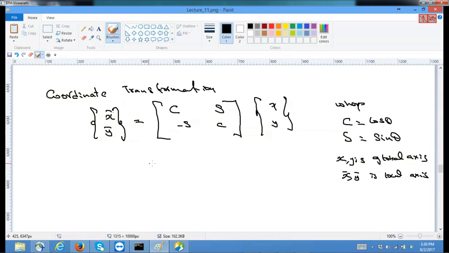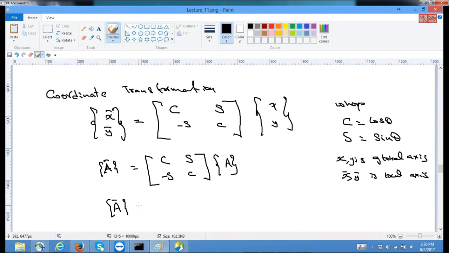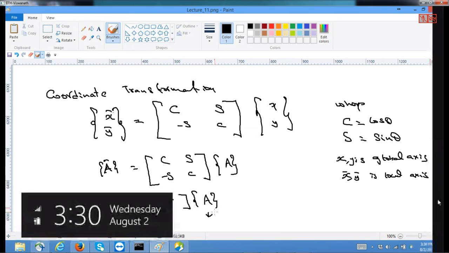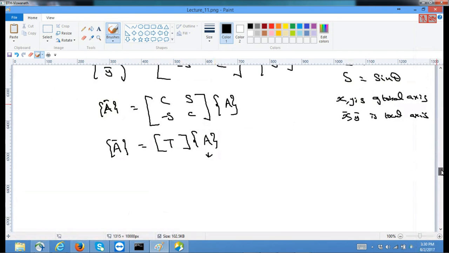What I'm going to show is, similar to this, we can write any given coefficients a bar equals [c, s; -s, c] into a, and I call this the transformation matrix. If I know the global, I can write my local in this manner and vice versa.